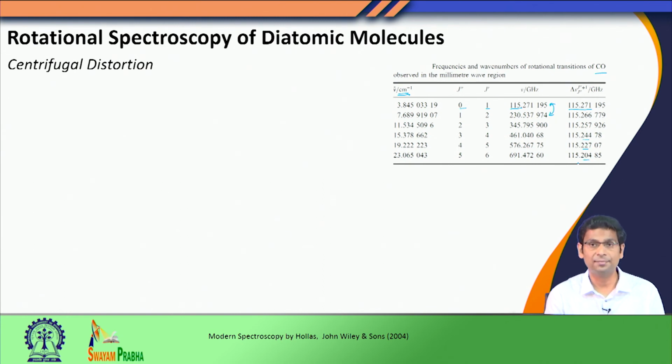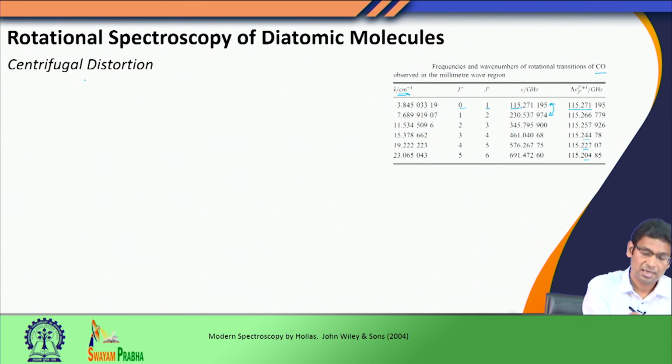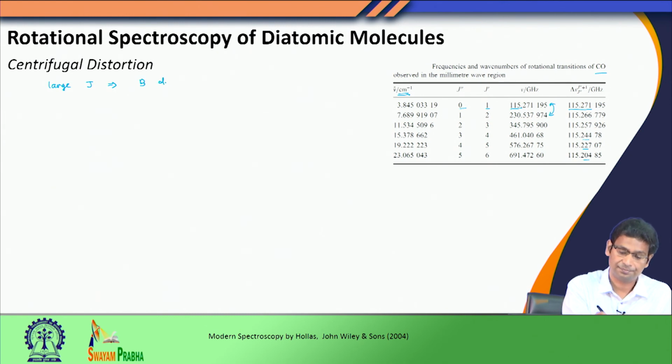So, as I go to higher and higher J values, the spacing between two consecutive rotational lines decreases. Why does that happen? What I observed is that for large values of J, the B value decreases.